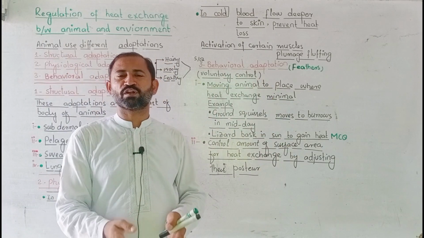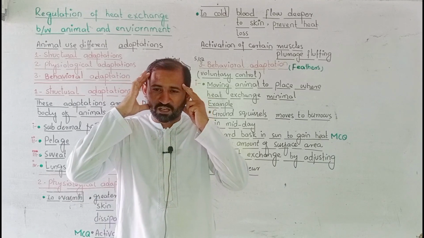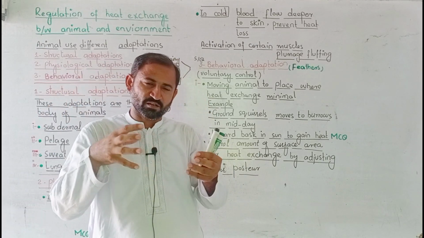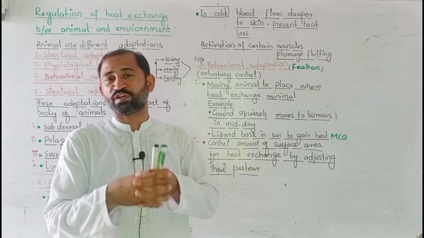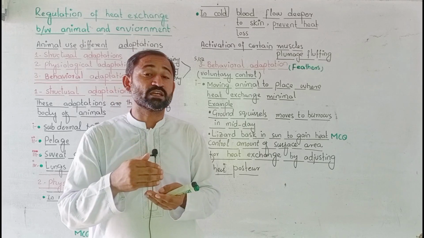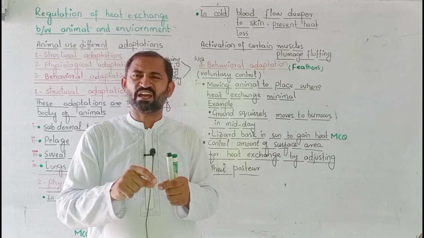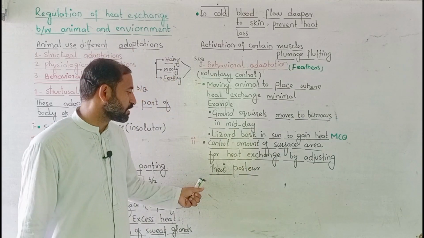They become entangled, hide their head between the legs, and curl up to reduce their body surface. That's why their body surface is less, and escape of heat from their body to the outer environment is less. That is the last one.